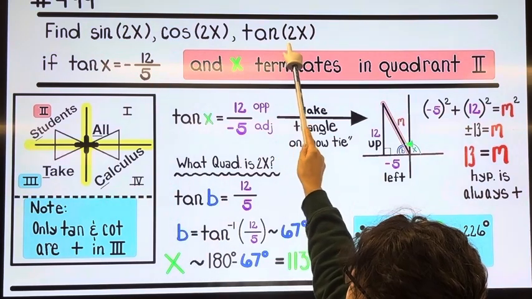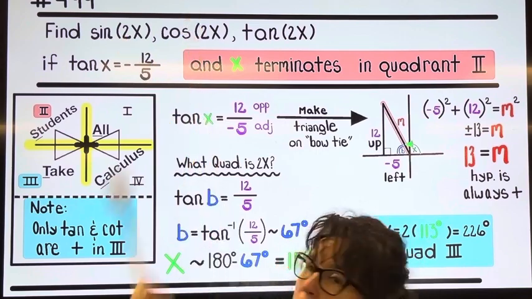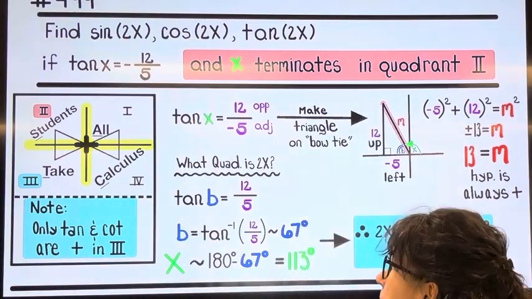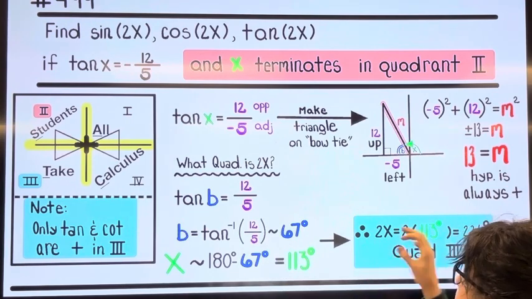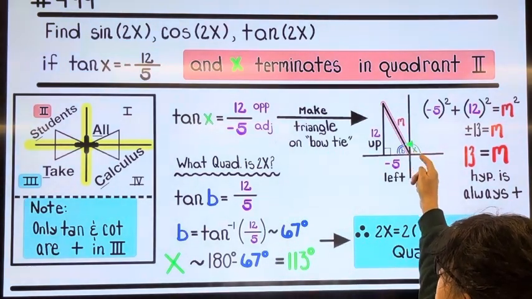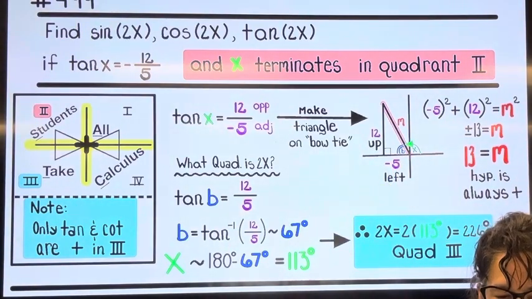So I know ahead of time that the answer to this one is going to be positive, and the answer to both of those is going to be negative. All right. Sometimes visually, you can skip this step a little bit and you can estimate if you know where x is and double it. You could probably tell that we would be in quadrant 3.